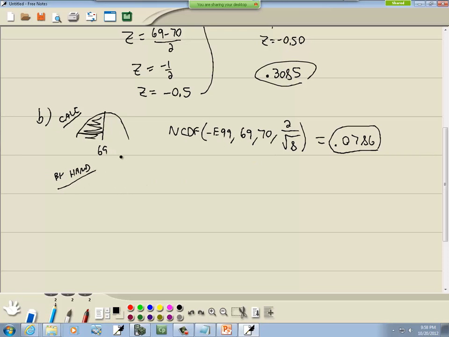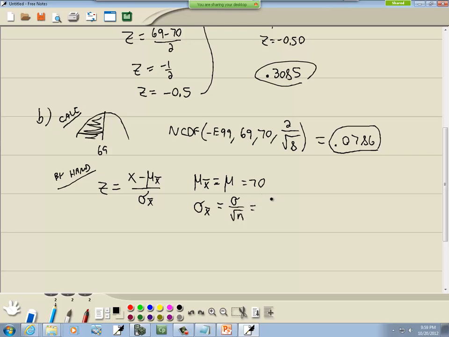Now by hand. Remember, this is x, so we need to change it to a z-score. And we do x minus mu sub x bar over sigma sub x bar. Well, mu sub x bar is equal to mu, which is 70. Sigma sub x bar is equal to sigma divided by the square root of n.